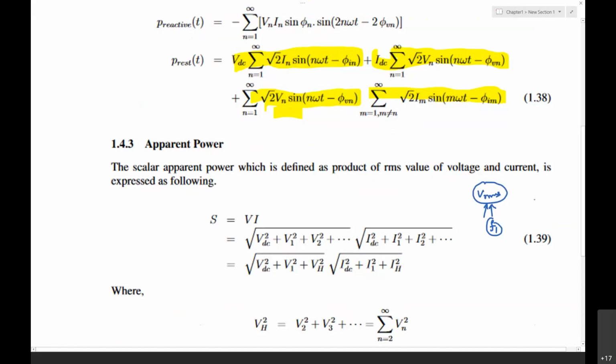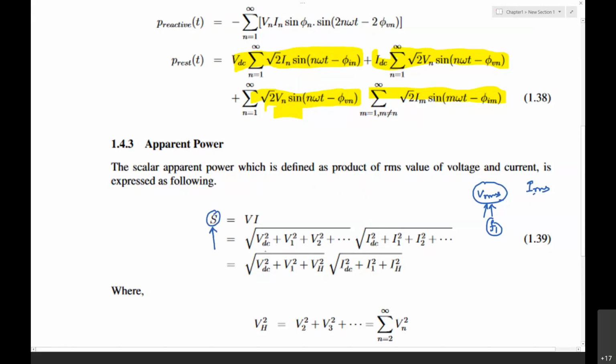Similarly for the current. Once you find the RMS value of the voltage and the RMS value of the current, finding the apparent power is very easy. S is equal to VI. You are aware of this.